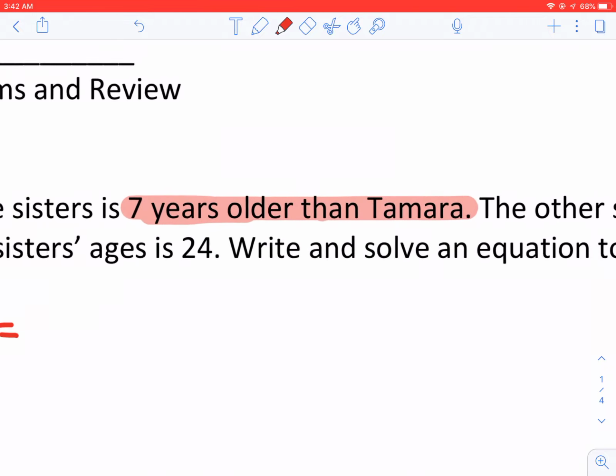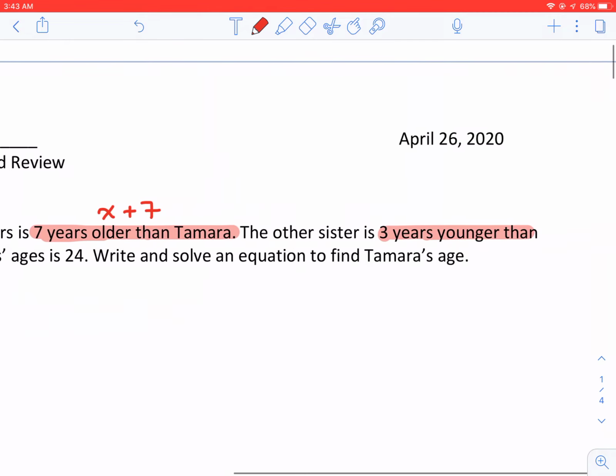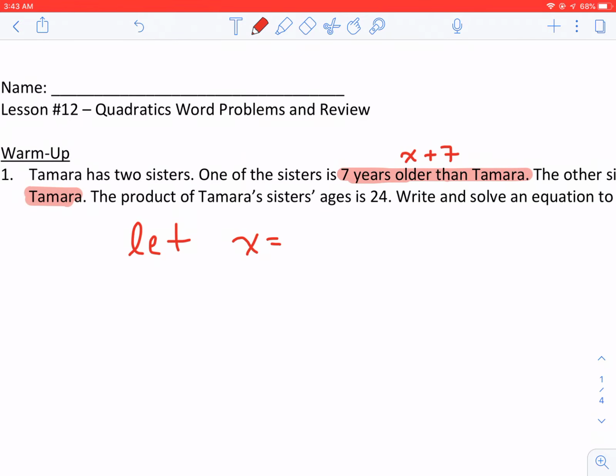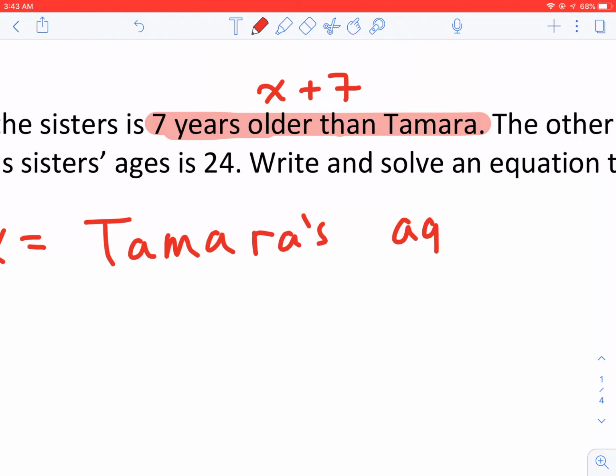Maybe I should call Tamara's age x, because then I could call the older sister x plus 7, and the younger sister x minus 3. So I'm going to let x equal Tamara's age. Of course you could have used any letter you wanted.